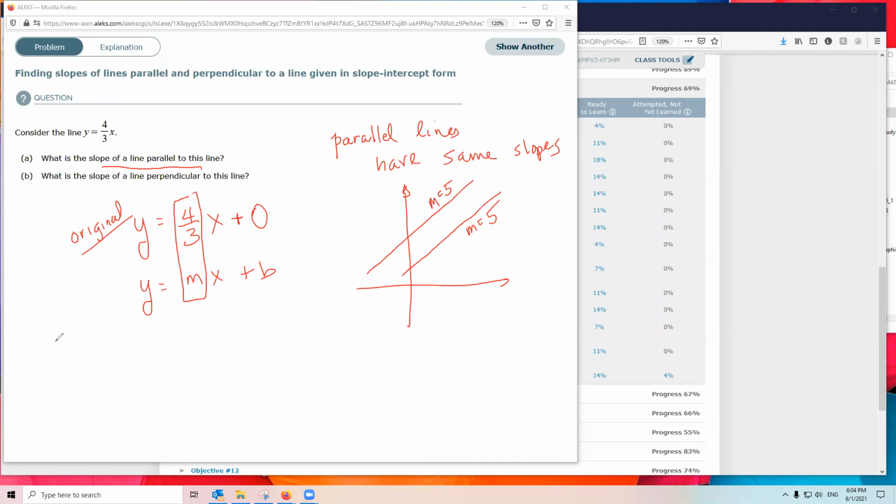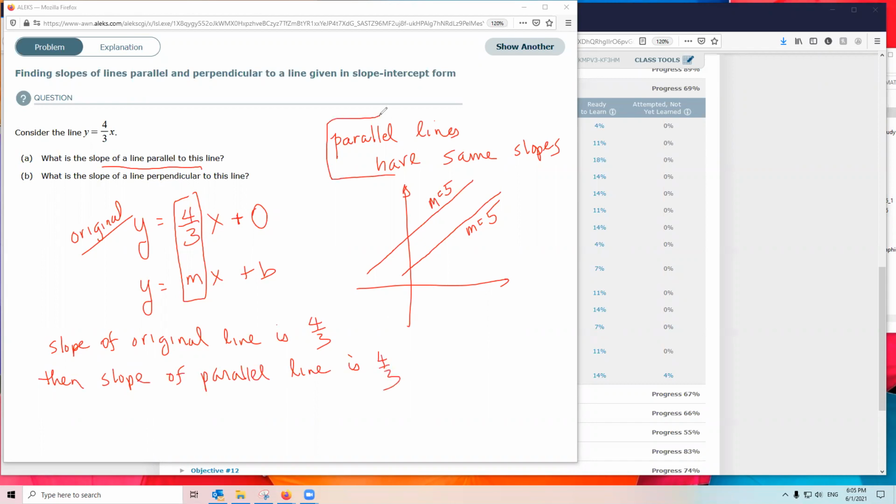So if the slope of the original line is 4/3, then the slope of a parallel line also has to be 4/3, because remember, parallel lines always have the same slopes. So the answer to part A is 4/3. All right, let's go to part B.